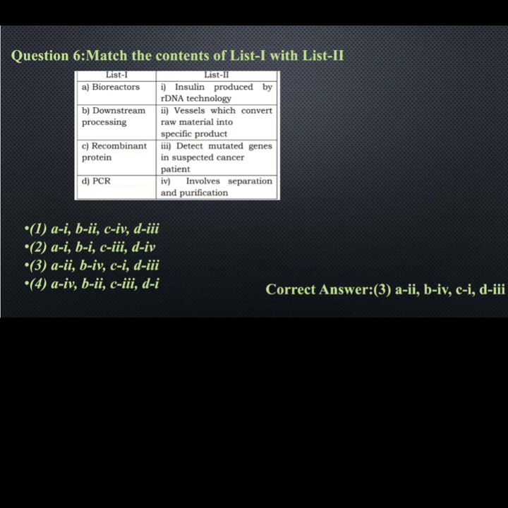Match the columns. Bioreactors are designed to convert raw materials to specific products like insulin, enzymes, etc. Downstream processing is involved in separation and purification of products. Recombinant protein is used to produce insulin using rDNA technology.